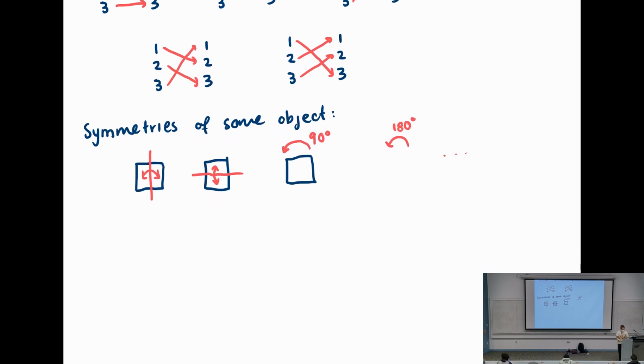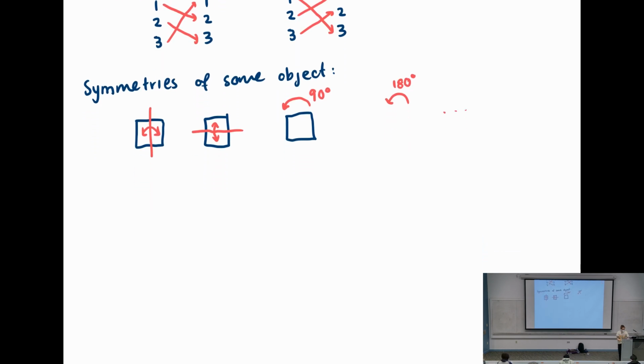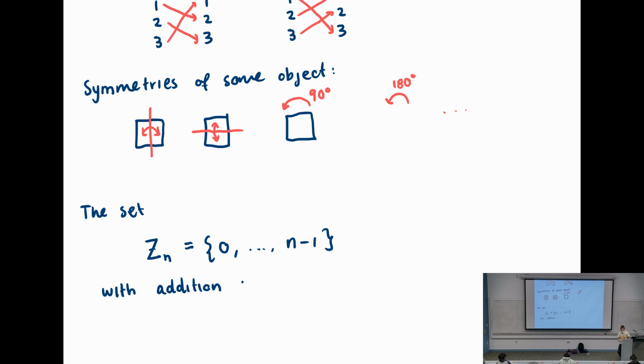So the set, and this will be denoted Zn, of the numbers 0 up to n minus 1, with respect to addition mod n. Okay, so this is a group.